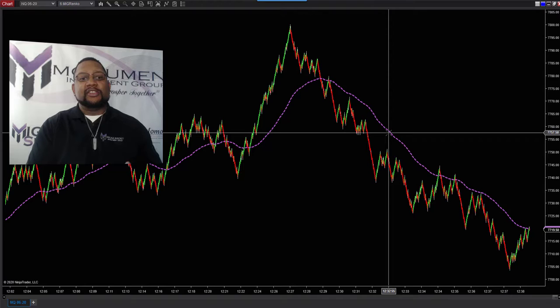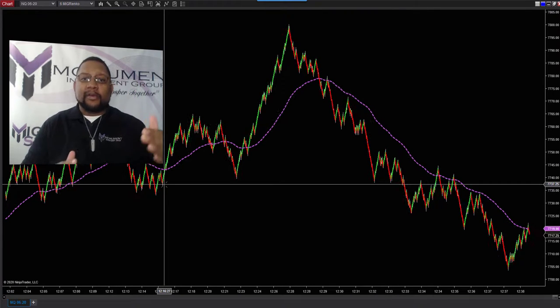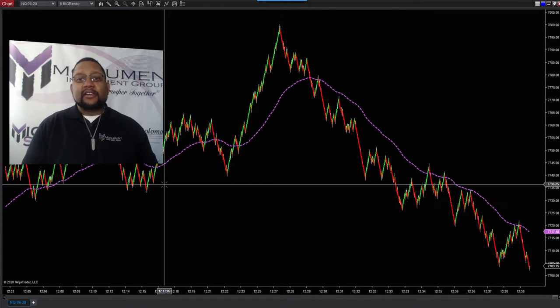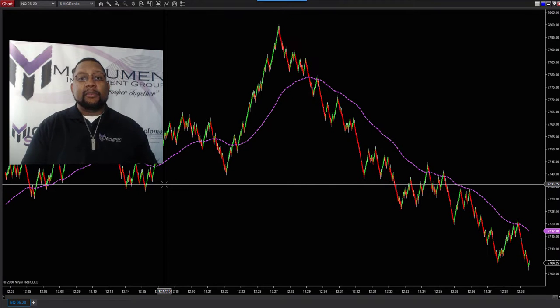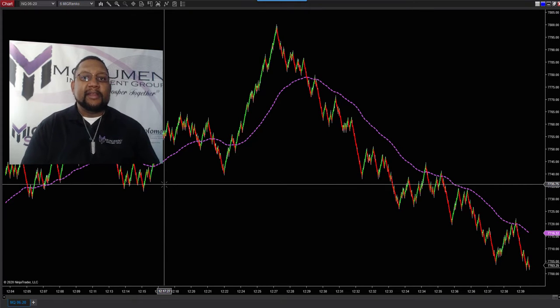And as you can see, no matter if it goes above the line or below the line, it always crosses that line of where the average price should be. So it's also another tool that we use to see if the market is actually going up or primarily going down during that particular time you're looking at. Okay, so that's the moving average.